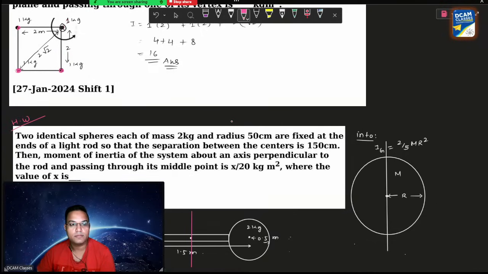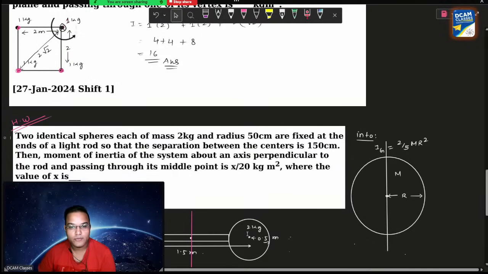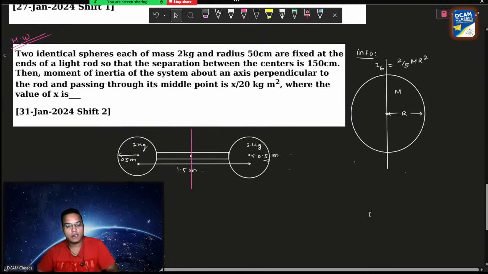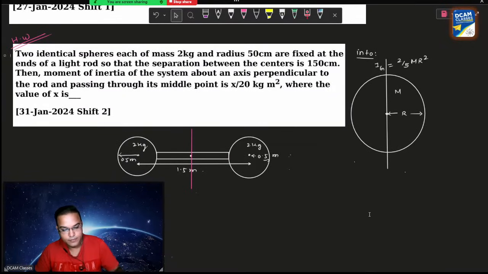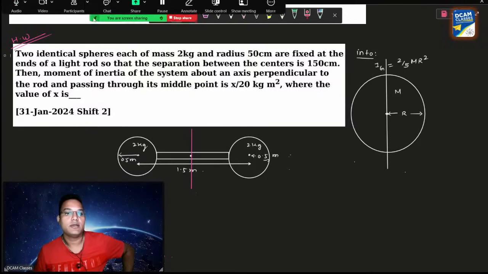Try to solve it at home, then give me the answer. Only 1 minute is left. Let's see if you can solve it in 1 minute. Okay, take it as homework.